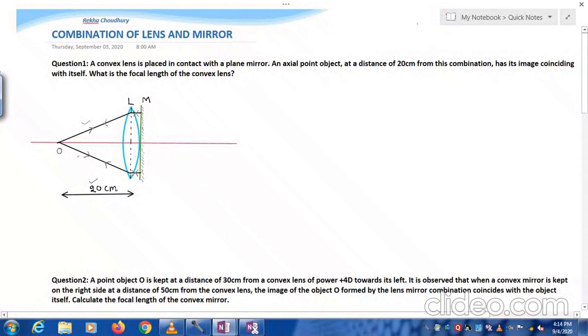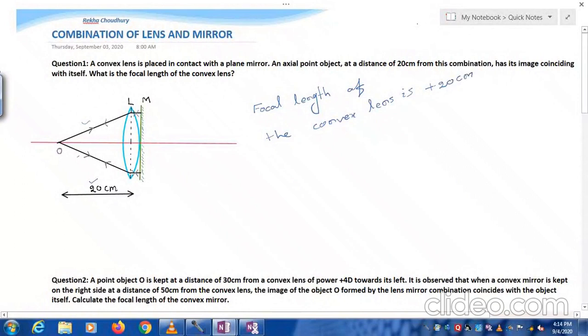That's so, as this is the case of normal incidence, after reflection the rays retrace their paths and finally they again reach at the same point O, and hence the final image is formed at the O. So here the answer is the focal length of the convex lens is plus 20 centimeter.